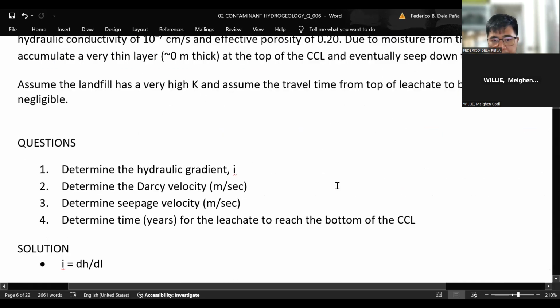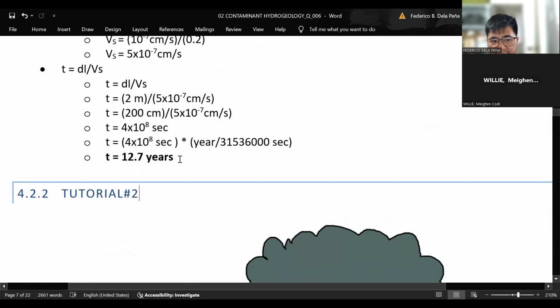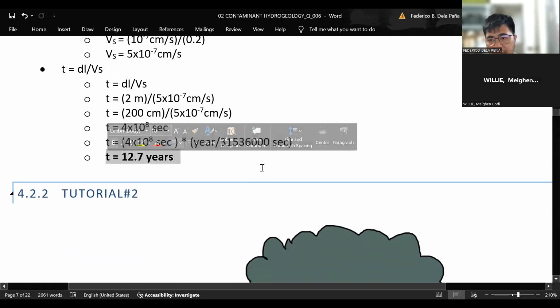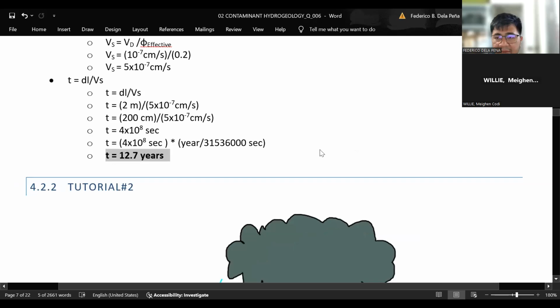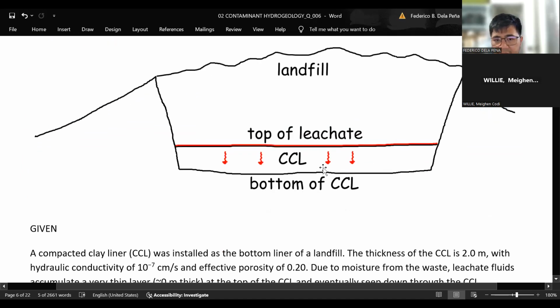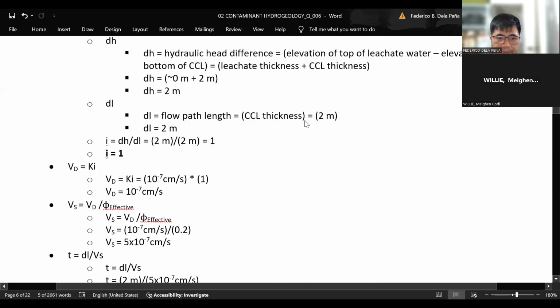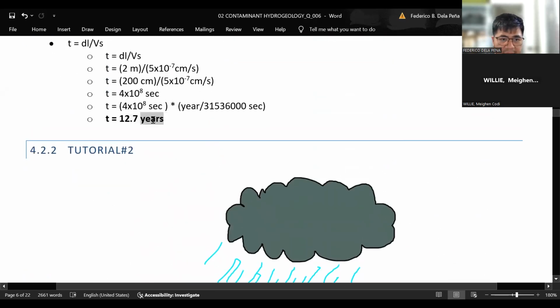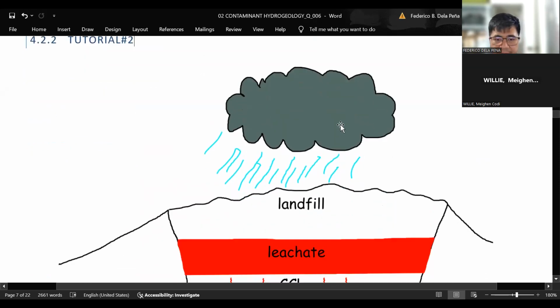And getting a leak within the first 12 years would be a problem for the landfill. For example, you might have to redesign the CCL, or you might have to do some mitigation measures for the landfill. So this is not acceptable from the perspective of the landfill design life.